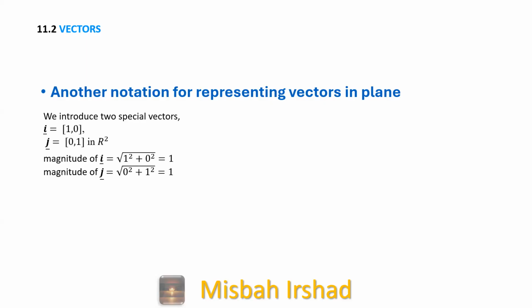Another notation for representing vectors in the plane. For this, let's consider the unit vector [1, 0] along the x-axis and denote it by i.